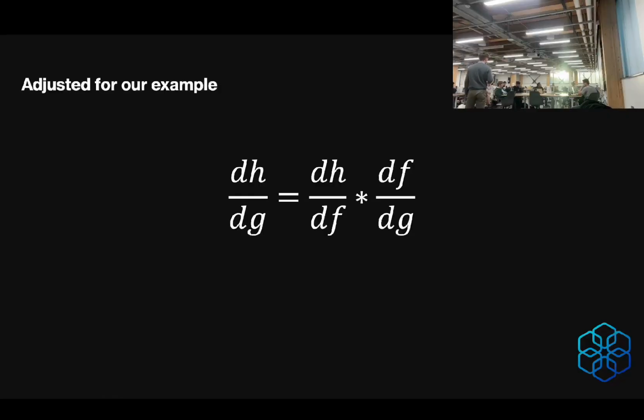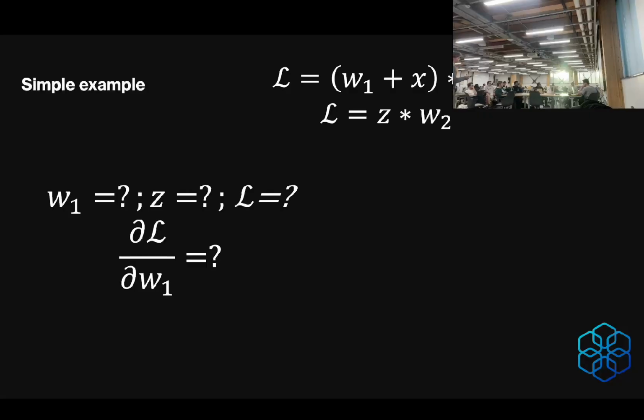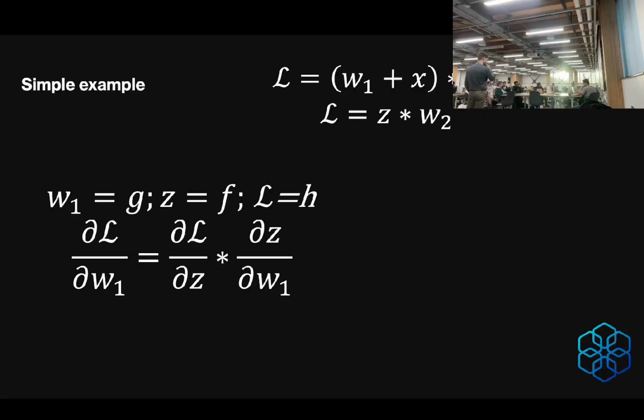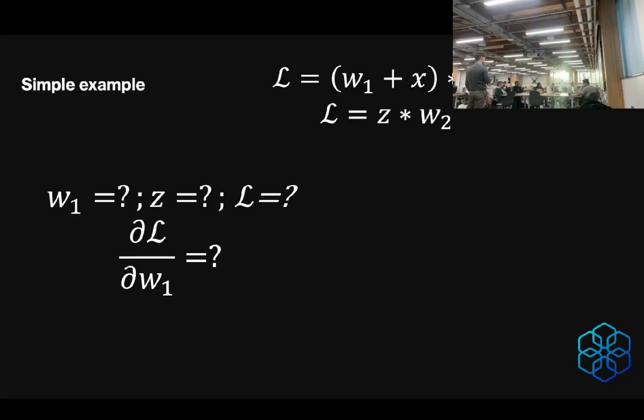So now we replace W1 with g, z with f, and the loss with h.